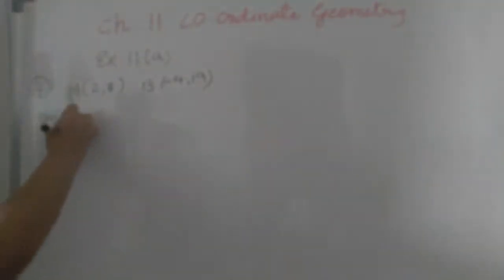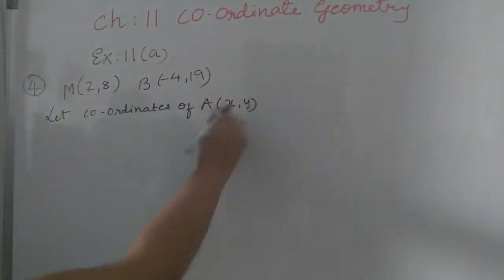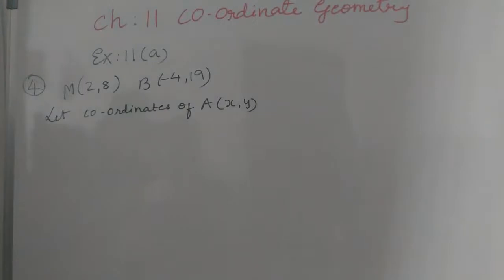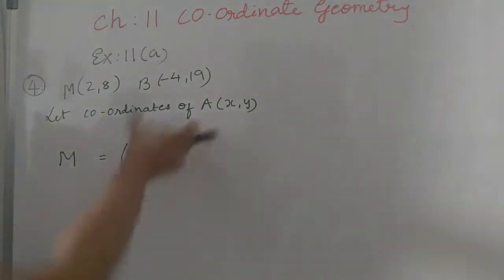So here I let the coordinates of A be (x, y). Here M is the midpoint, so M is equal to the midpoint formula of AB.